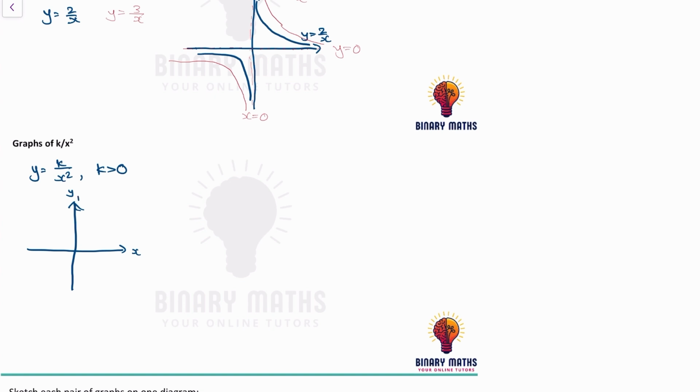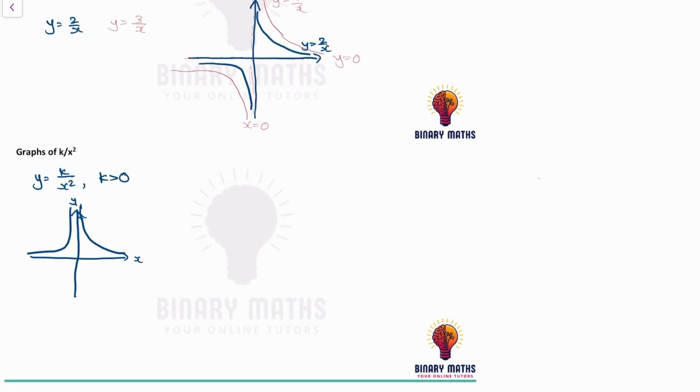So what you end up with is a graph in the first quadrant and the second quadrant. And the asymptotes are at x equals 0 and y equals 0.